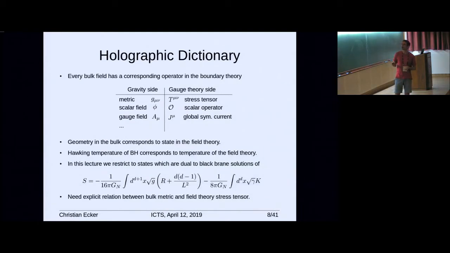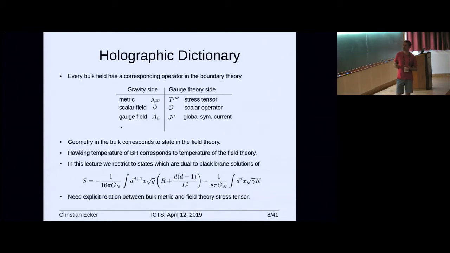Furthermore, the geometry in the bulk is in one-to-one correspondence to a state in the field theory. And if you're at finite temperature, for instance, the temperature of the field theory corresponds to the Hawking temperature of a black hole on the gravity side.